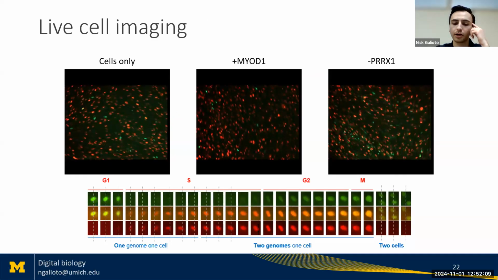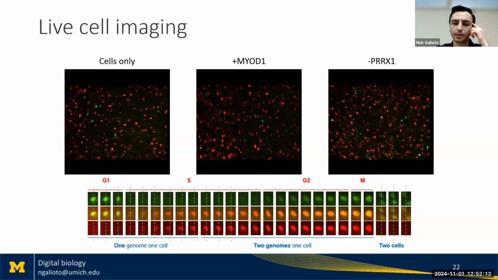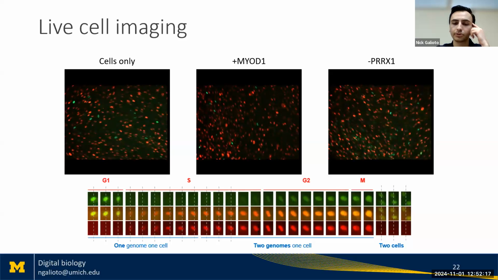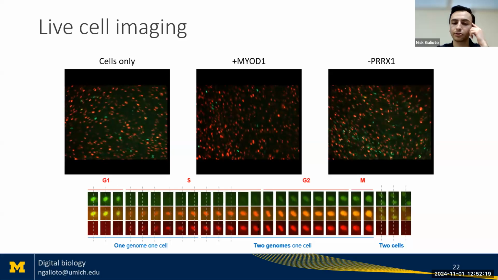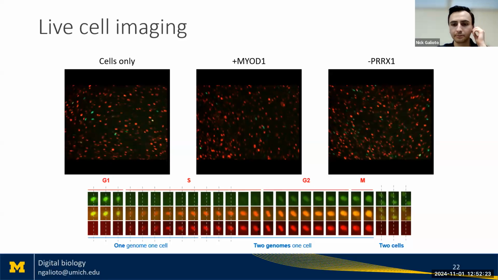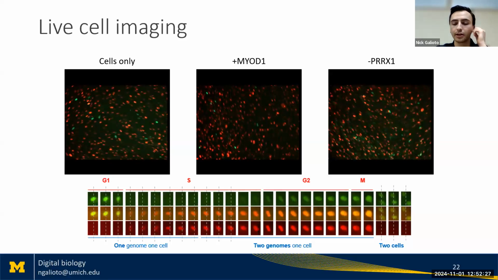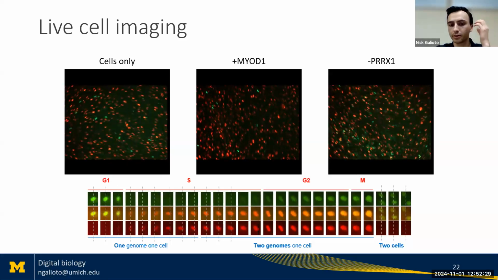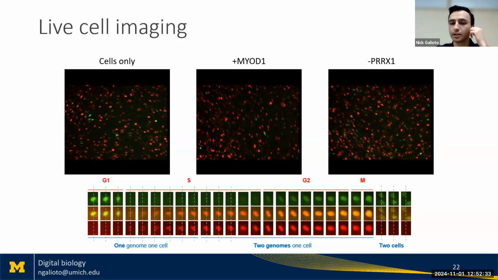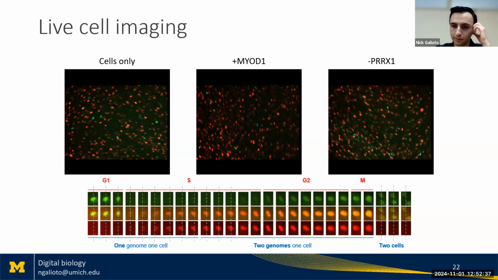And so we're looking at the effect that these transcription factors have, or just showing that they can influence the cell cycle dynamics. The idea would be using these two together in a hybrid reprogramming, which is different from what Weintraub did in '89.